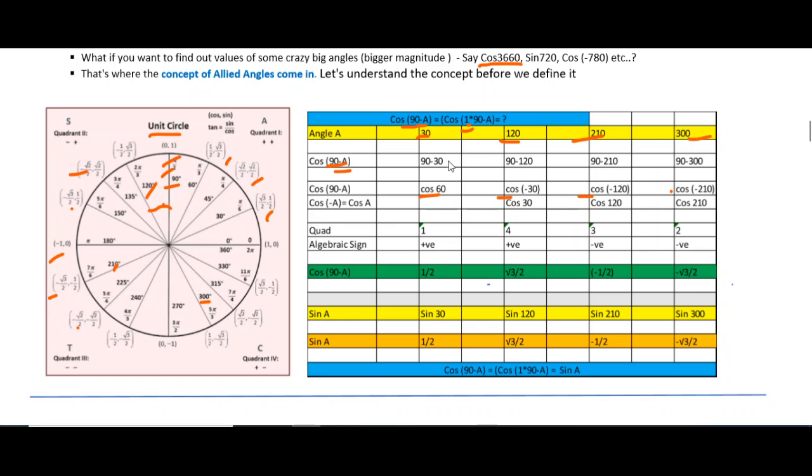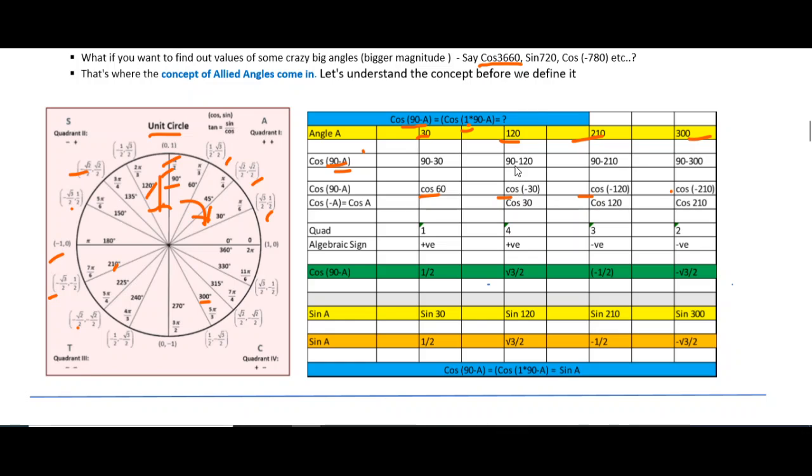Whenever you say minus, you are moving the angle in the clockwise direction. This is 90, and I'm moving in the clockwise direction. So 90 minus 30 will be cos 60, and 60 degrees is always in the first quadrant, so I've written the first quadrant, and so on and so forth.